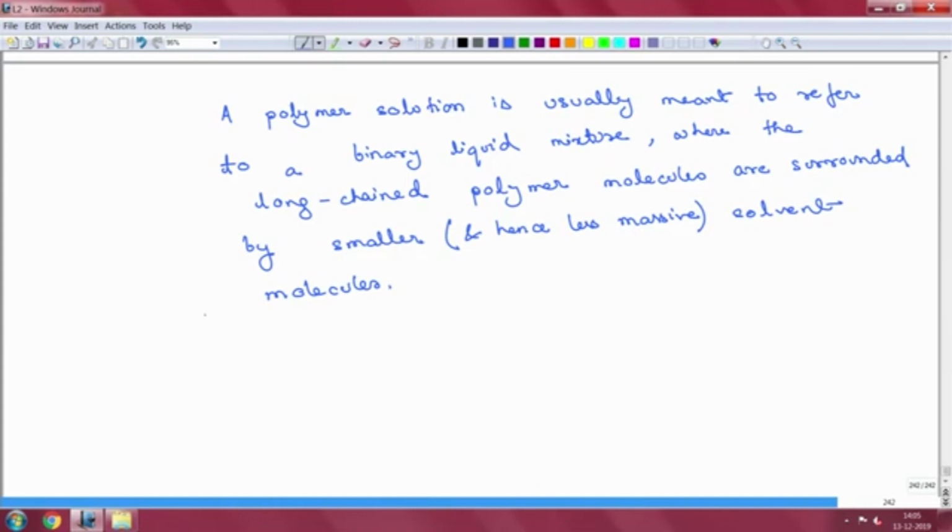Now such polymer solutions can exist in different states. A binary liquid mixture is the simplest type of polymer solution. You can have other more complicated forms, but for the sake of simplicity, that is what we did in the lab. So let us keep our attention focused on that.